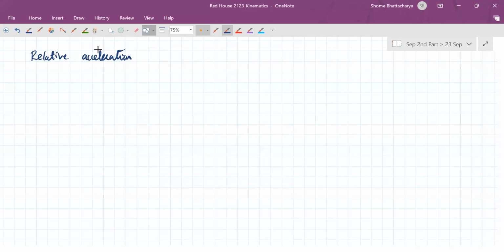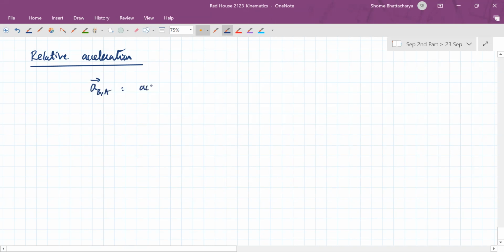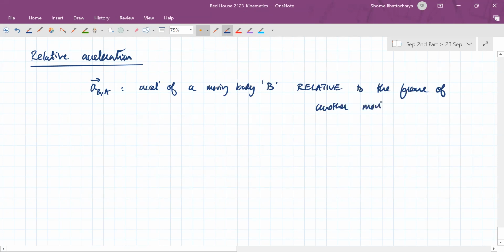So acceleration of one moving object in another moving object's frame. So acceleration of B with respect to A, that is the acceleration of a moving body B relative to the frame of another moving body, say A. So now acceleration in kinematics is defined as instantaneous rate of change of velocity.